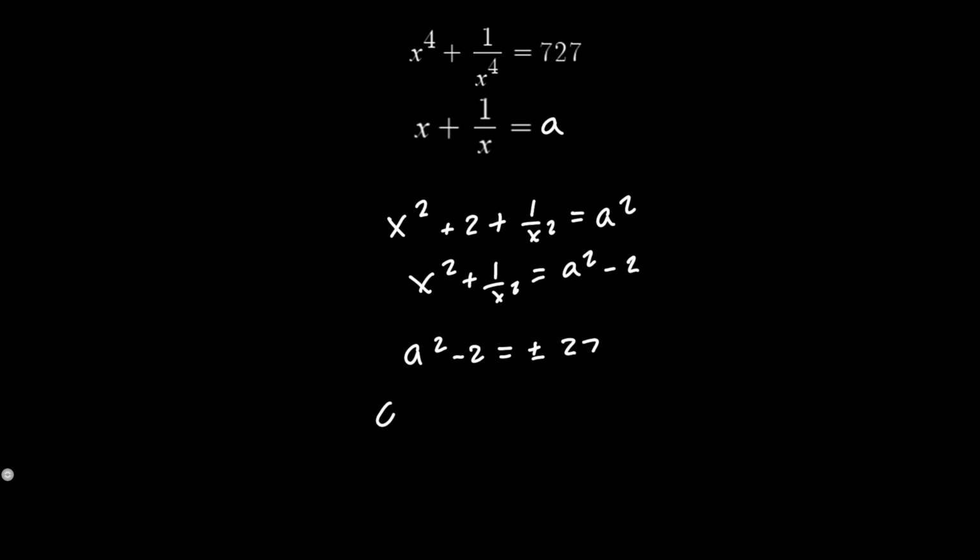If we look at 27 plus 2, that is 29, so we have a square root of 29, which is plus or minus because we're counting both the positive and negative solutions. And here we're going to have negative 27 plus 2, which is equal to negative 25, which will have 5i.